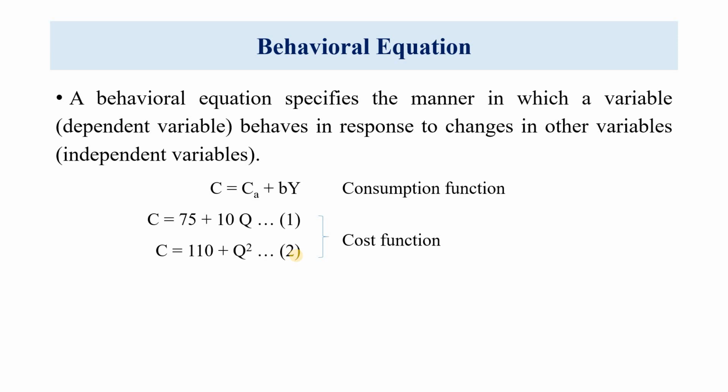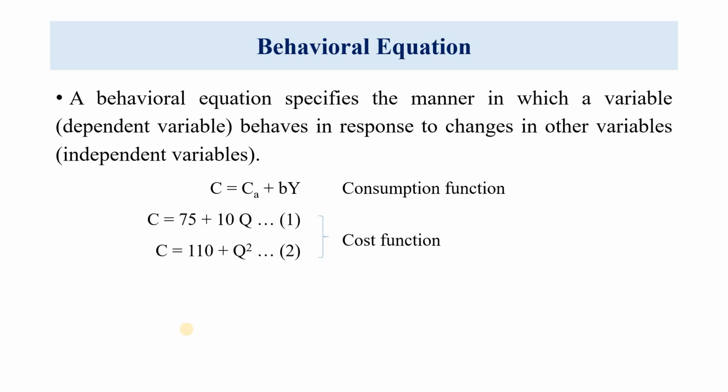In equation 1, the fixed cost, the value of C, is 75 when Q equal to 0, whereas in equation 2 it is 110.